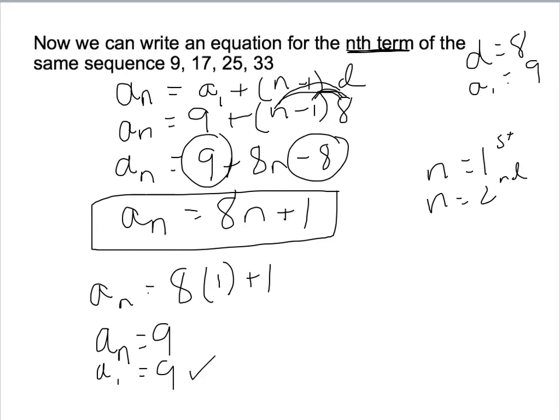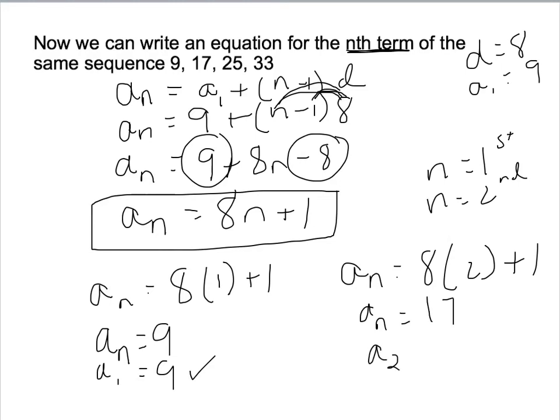I'm going to check that off. Now let's try the second term. a sub n equals 16 plus 1, which is 17. So a sub 2 is 17. The second term is 17, so it works. What I did here was just to check my work.